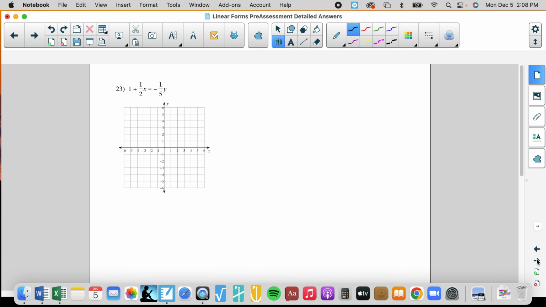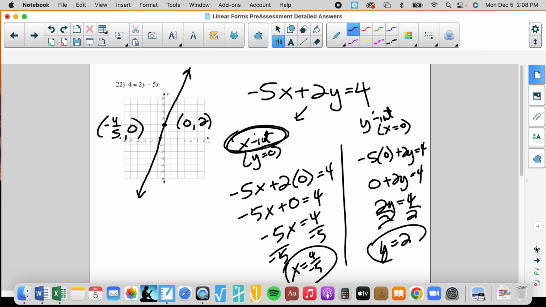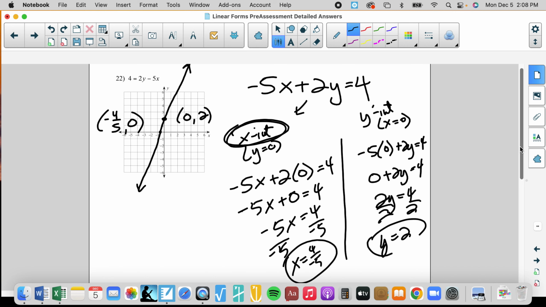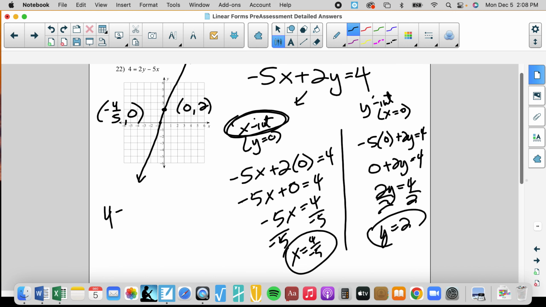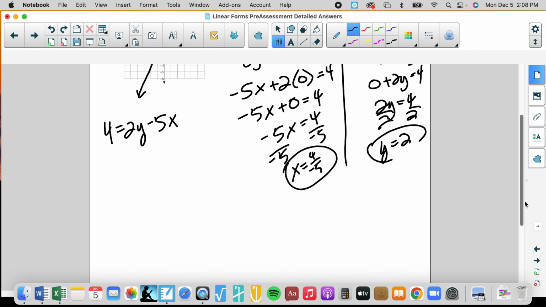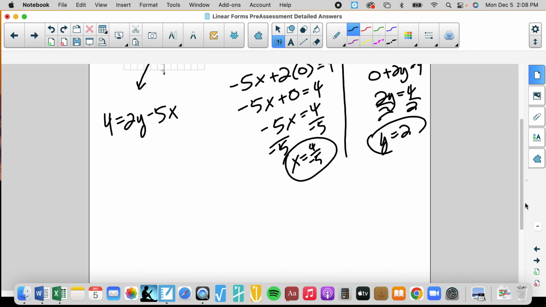You could solve for y, I guess. You could have solved for y because let's talk about that. So you have 4 equals 2y minus 5x. So some of you maybe wanted to put it in slope-intercept form. So you could do plus 5x, and you get 5x plus 4 equals 2y.